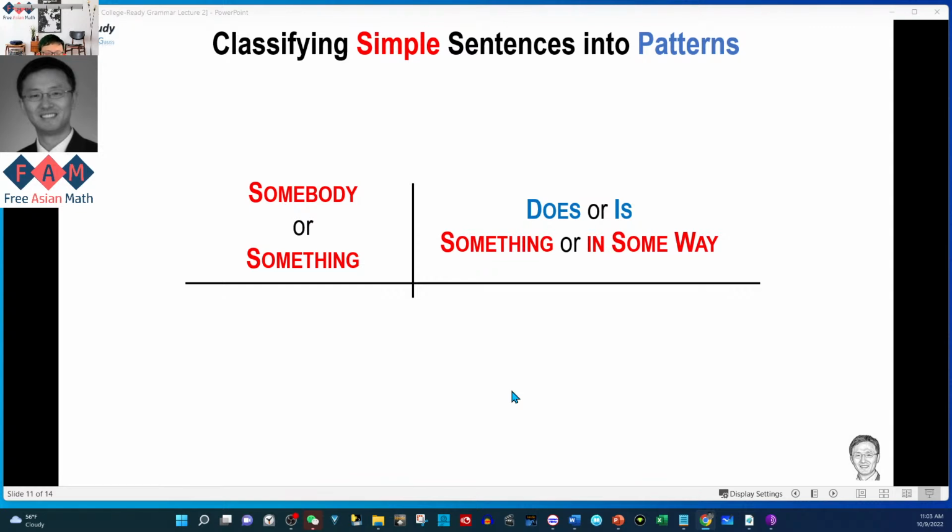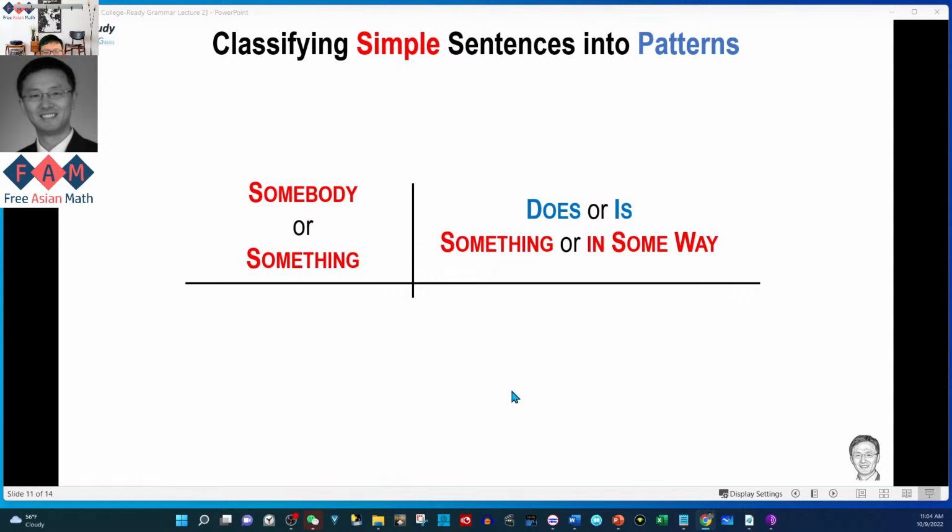You really just have 2 parts: one is a subject, somebody or something; one is a verb. That's the distinction between verb and predicate. Predicate, I don't really like that term at all, but the predicate is everything other than the subject.